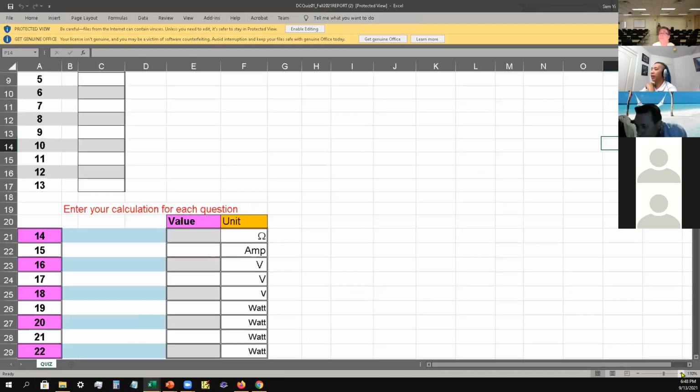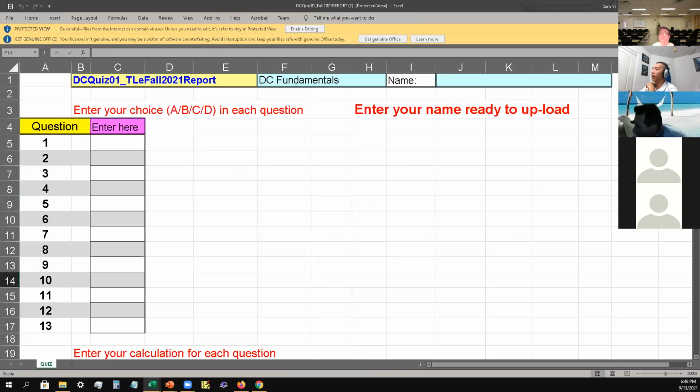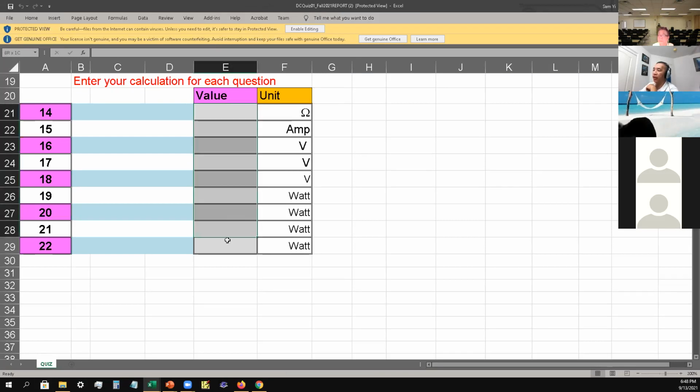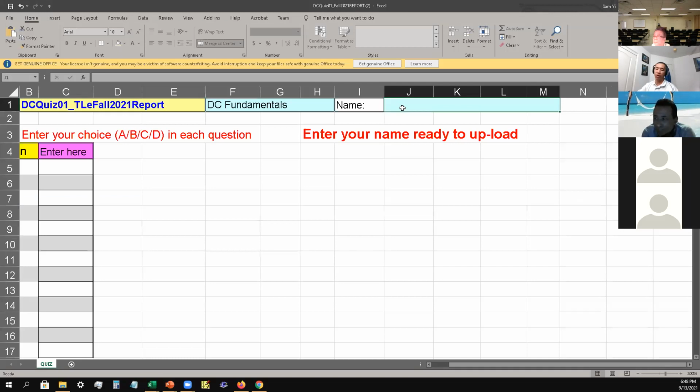This is the answer sheet. Click on it to download it, and open it up. It will show up at the bottom here. Let me make this bigger. The multiple choice is 1 to 13, and for the other part you type in the value. If it's 15 ohm, you type in 15, and make sure you click on enable editing on top. Now you can edit, and put your name on here.